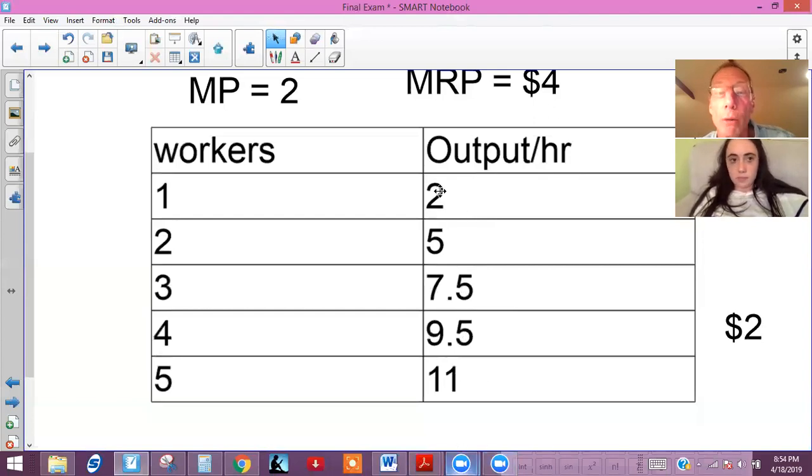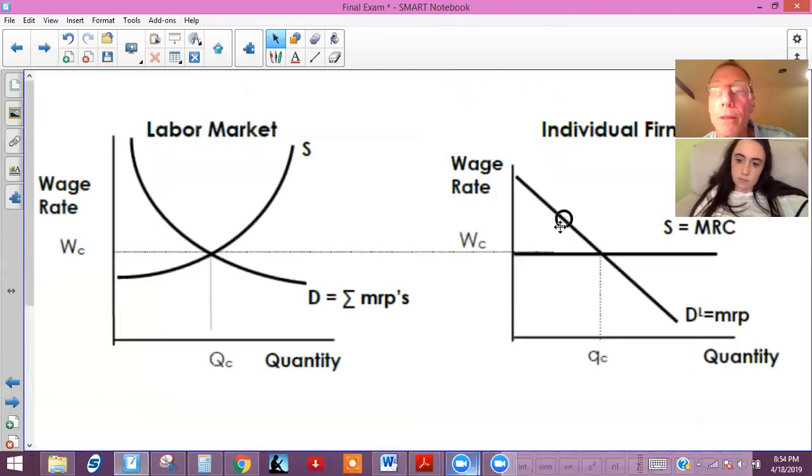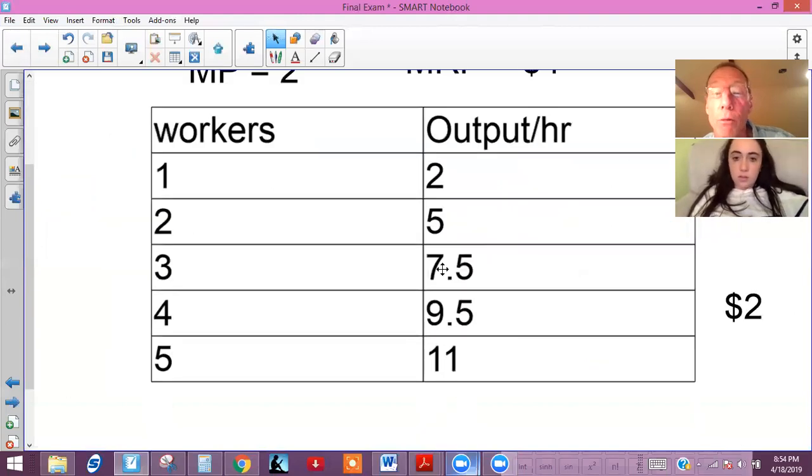So what we're doing with this is showing you on a table, moving this way, the wage of 4 right here, set by the market, right? And then the next worker hired, we wouldn't hire. In other words, we stop right there, where 2 times 2 is 4.